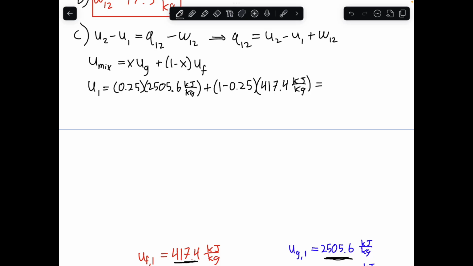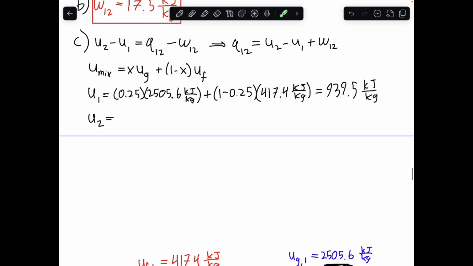And if you do this, you should get 939.5 kilojoules per kilogram.